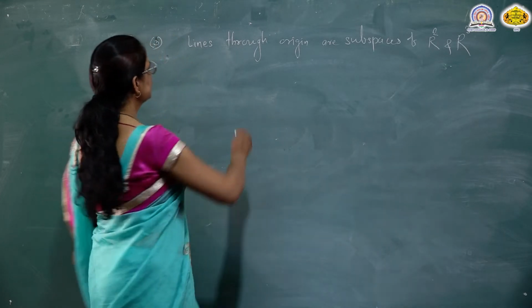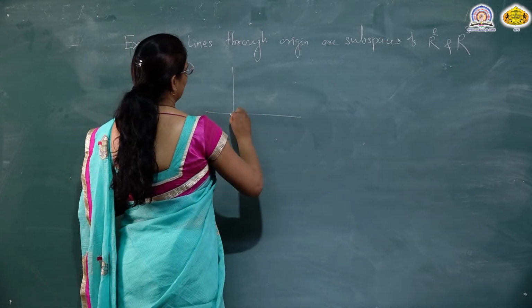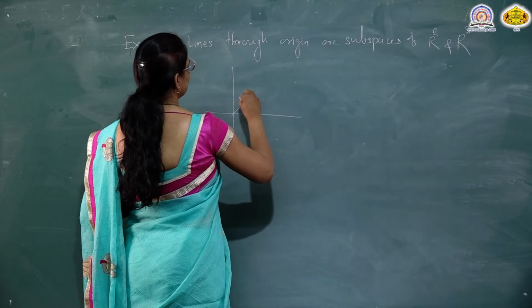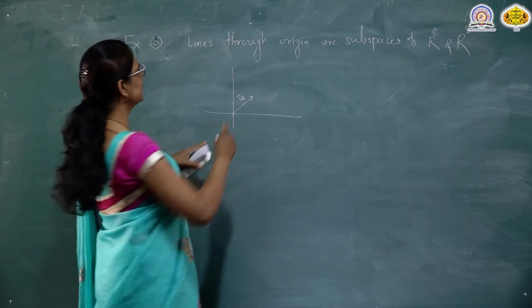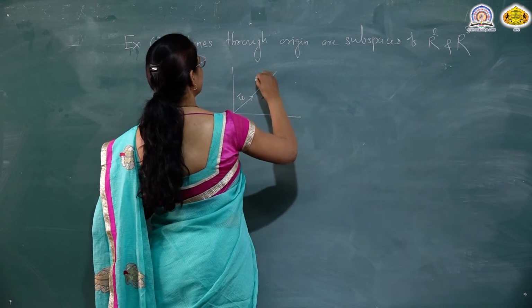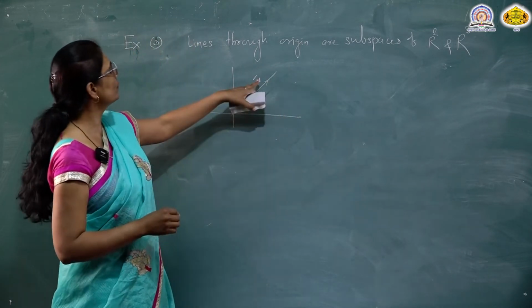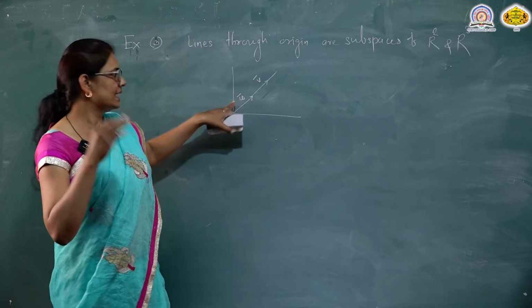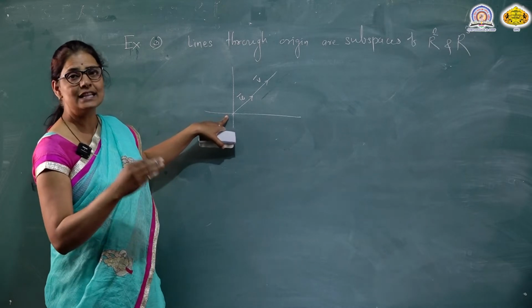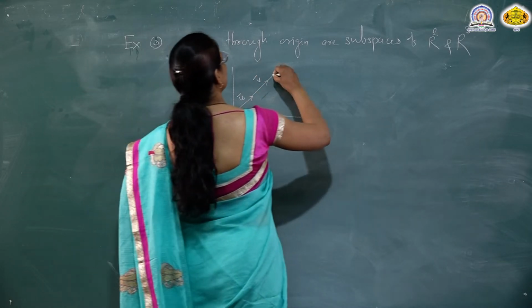Geometrically, suppose we consider two vectors on a straight line. Suppose I consider the first vector u bar and the second vector v bar on the same line. If we do the addition, it is again on the same straight line, and the same holds for scalar multiplication.